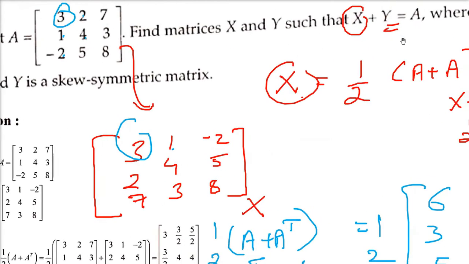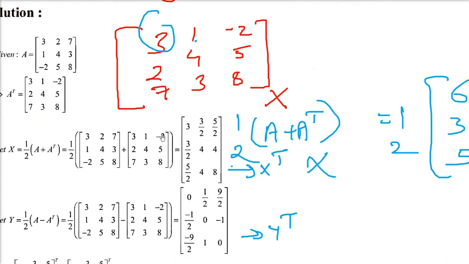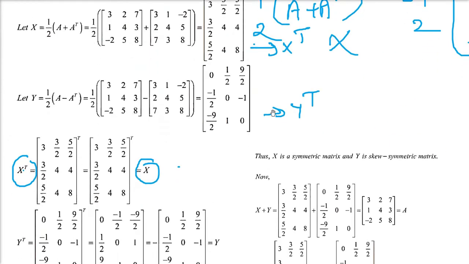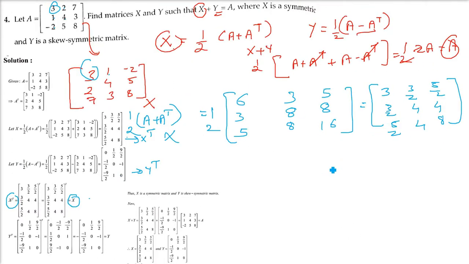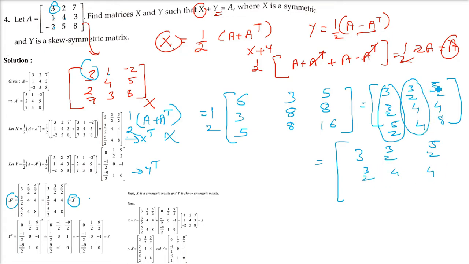Okay. So X, now I'm just transposing it. This is what I'm regarding as X. So this will be 3 by 2, 5 by 2, I'm transposing it. This will be row, so 3 by 2, 4, 4, 5 by 2, 4, 8. Okay.